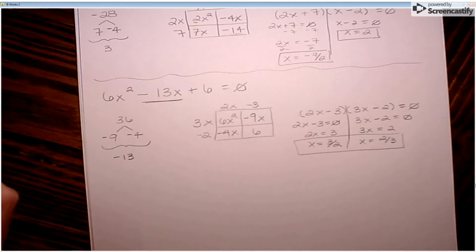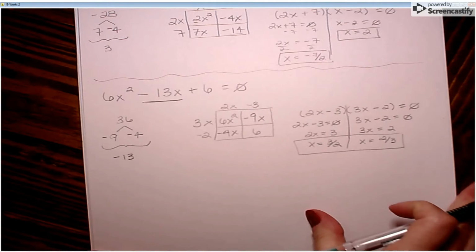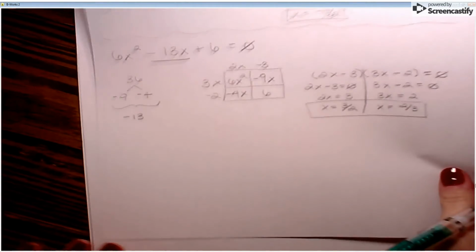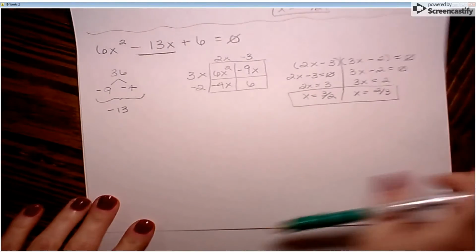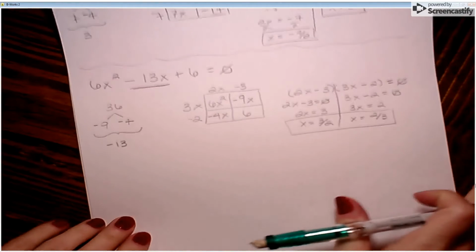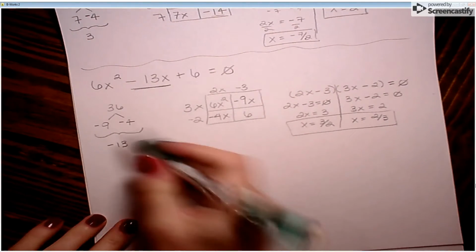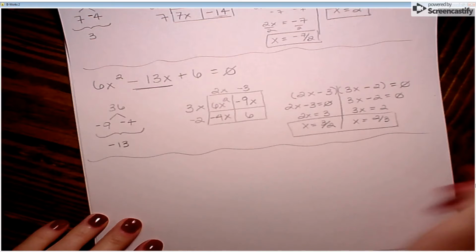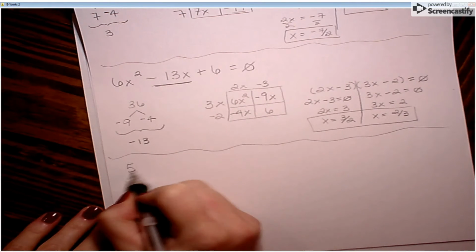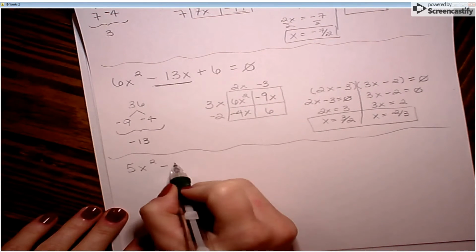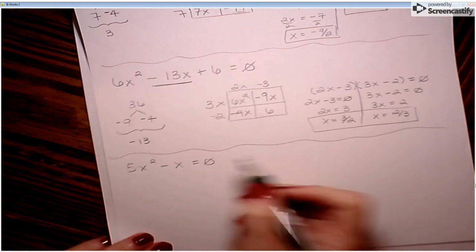I thought I would do a few questions that had more of a special case involved. So the first one we'll do is, we'll actually just go right to the next one, number 9. We'll do number 9 from the right-hand side, which is 5x squared minus x equals 0.